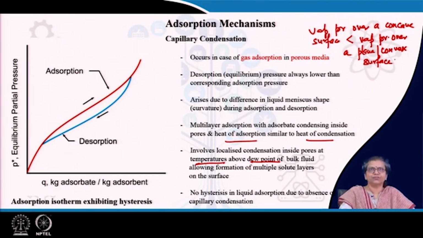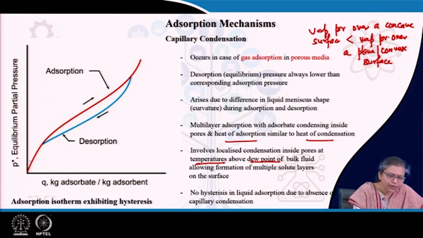There is another very interesting phenomenon associated with capillary condensation. This is also associated with the difference in the liquid meniscus shape during two particular processes, that is during adsorption and during desorption. Adsorption means that we start from a very low concentration and then we keep on increasing the equilibrium partial pressure, and accordingly the amount of adsorption on the adsorbent also increases, and we keep on going to higher and higher partial pressures.